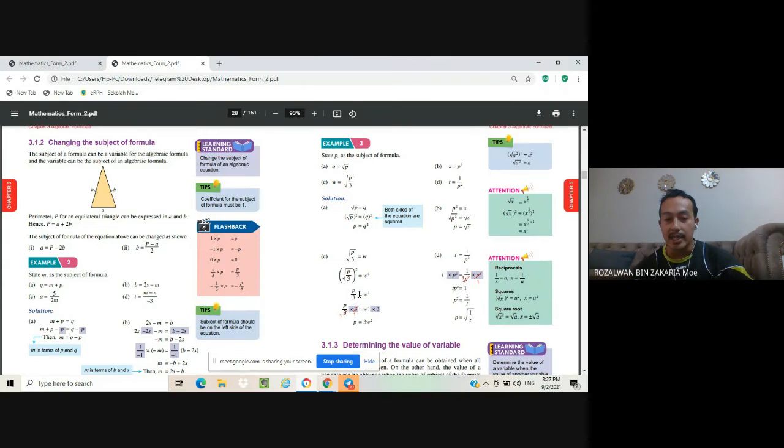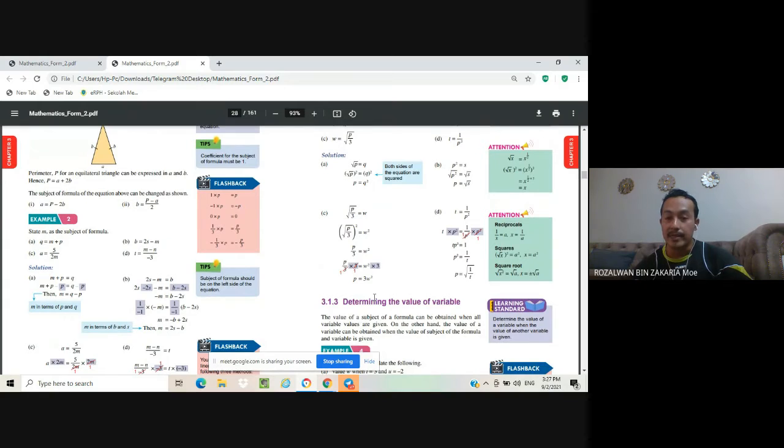So here become P over 3 equal to W square. So we want to make P become subject. So this 3 we want to cancel. How to cancel? We need to multiply with the 3. That's why here P over 3 multiply with the 3 then equal to W square multiply with the 3. Both of the equation on your left side and also right side need to multiply with the 3.